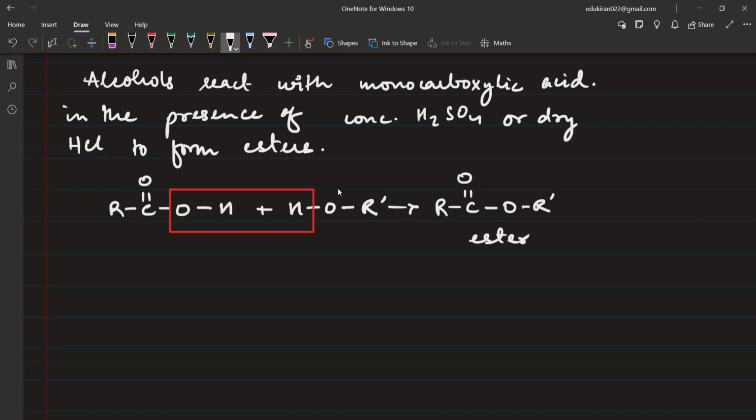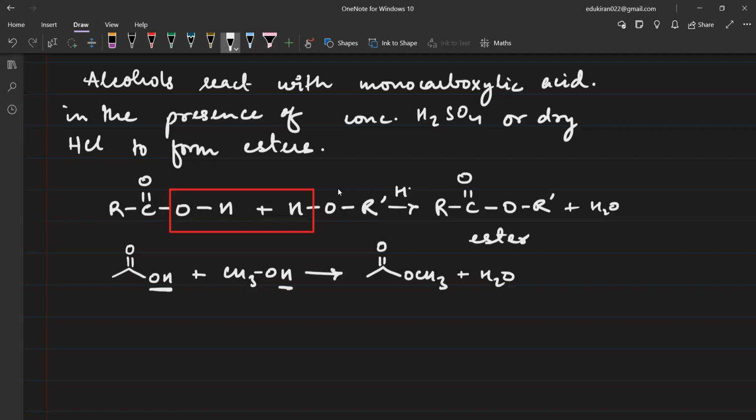Can write some more examples. OH plus CH3OH. So see, from here OH will be removed, from here hydrogen will be removed, and you will be getting double bond O, OCH3. Okay, plus water is also there. Both of these happen in the presence of an acid. For example, you have something like this also.